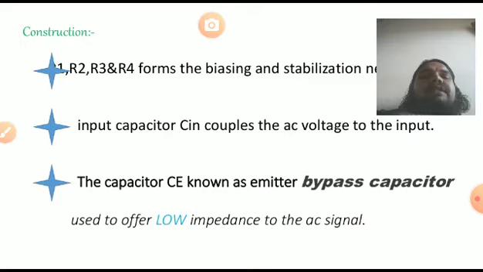The input capacitance Cin couples the AC voltage to the input. The capacitor CE, known as the emitter bypass capacitor, is used to offer a low impedance path to the signal.